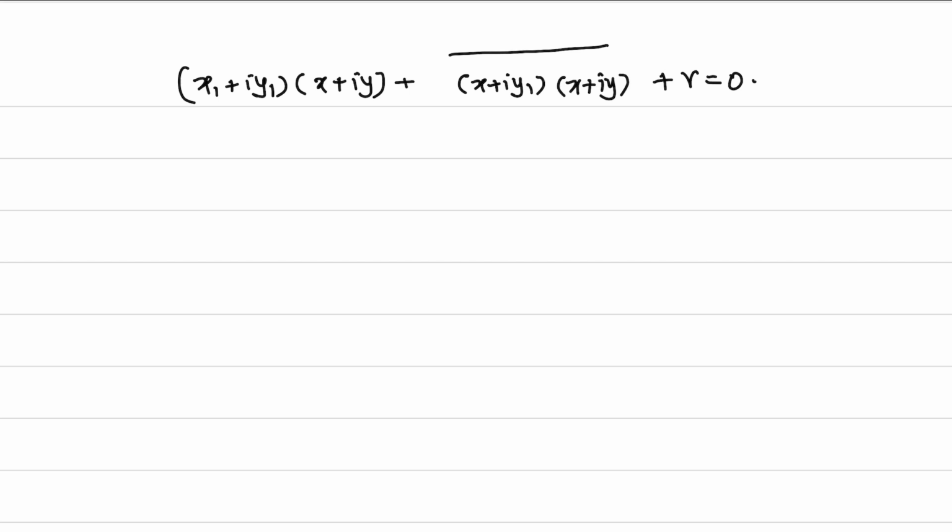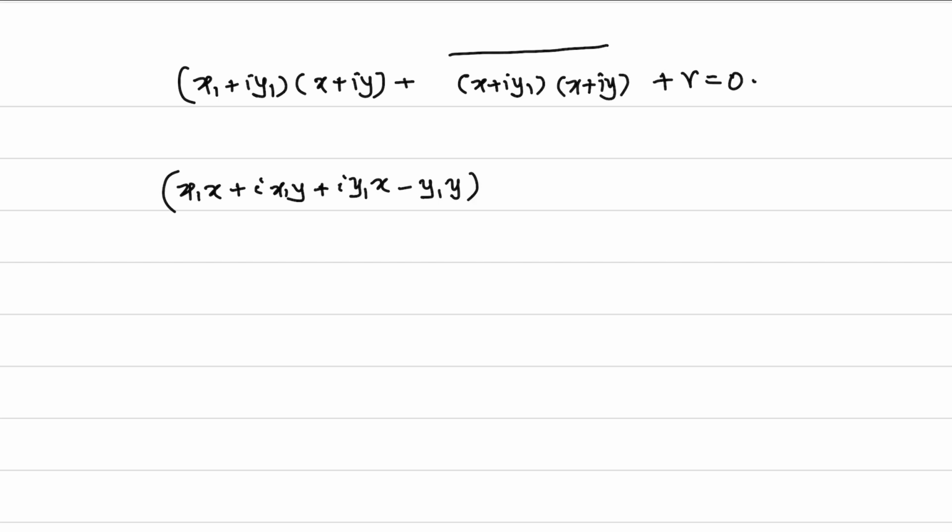Then, what is the value of x1 plus iy1 times x plus iy? x1x plus I into x1y plus I into y1x minus y1y.